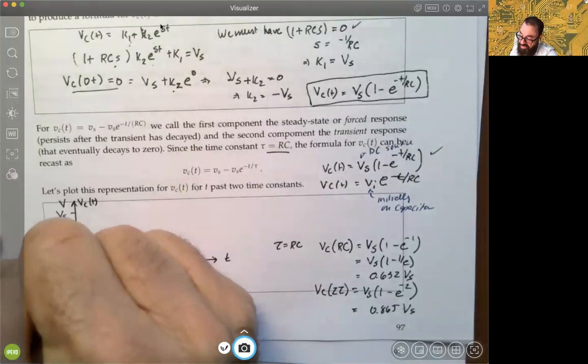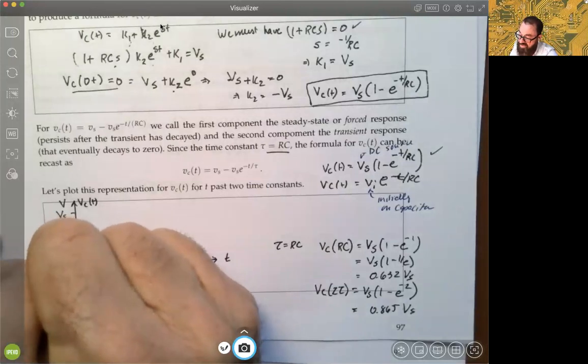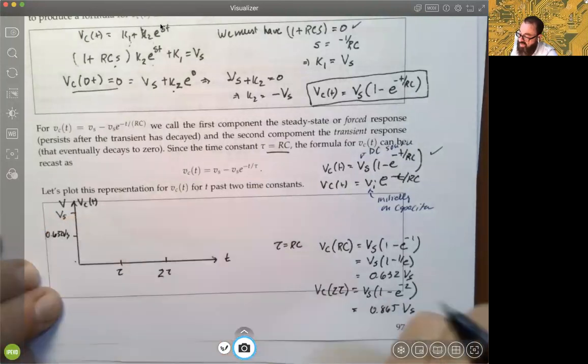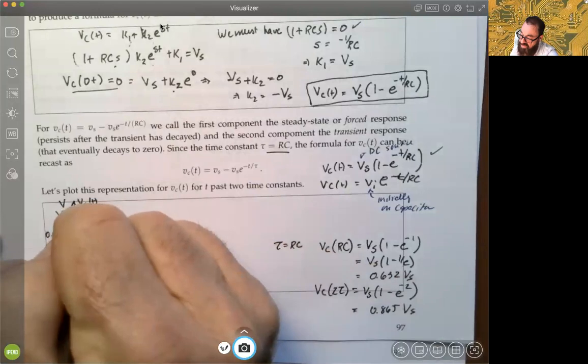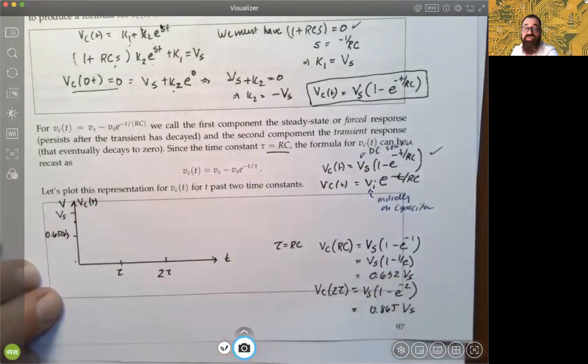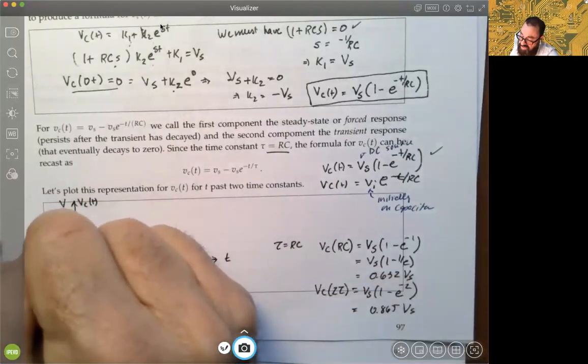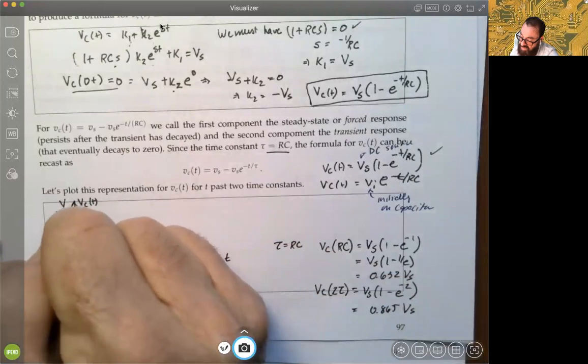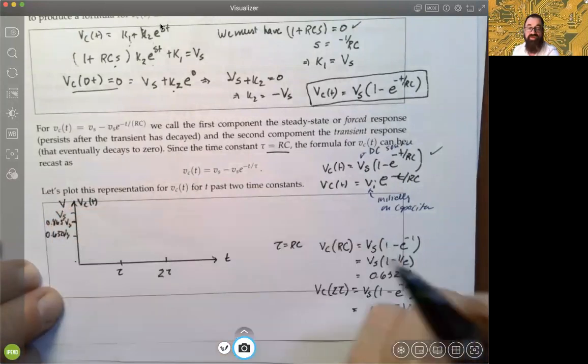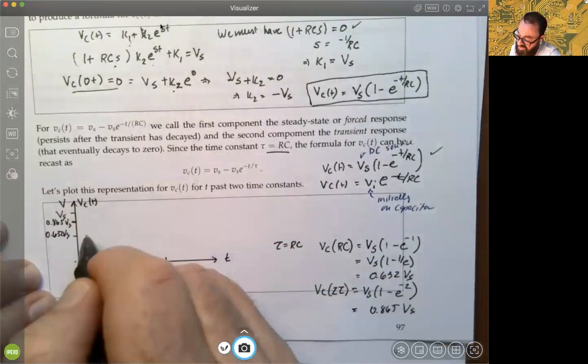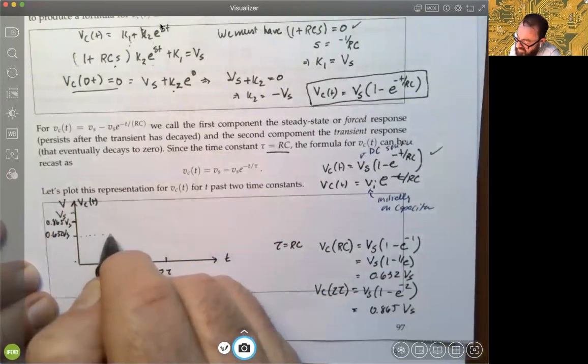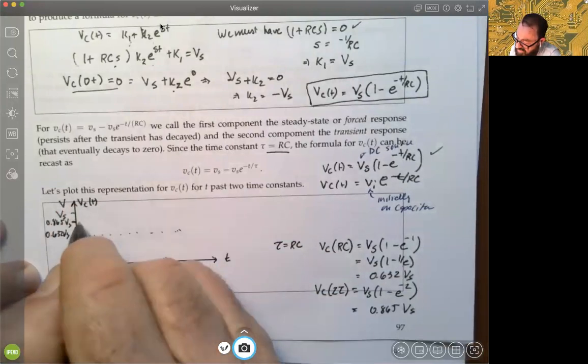So put it down here, 0.632 Vs. And then the second time constant is really getting close to it, right? 0.865 Vs, okay? Very close to it. So we'll just kind of hash those lines across so we can draw our curve.